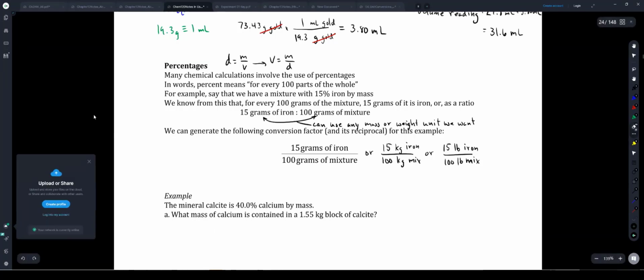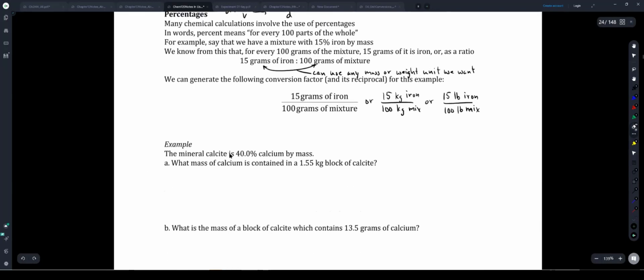Okay, so example, the mineral calcite is 40% calcium by mass. So in other words, that means what? There is 40 grams of calcium for every 100 grams of calcite. That's the whole. So what mass of calcium is in 1.55 kilograms of calcite?